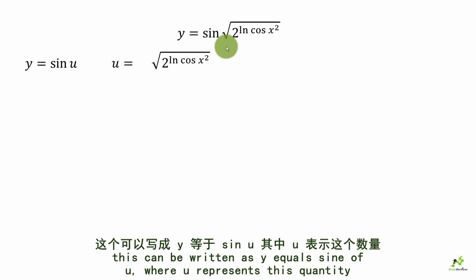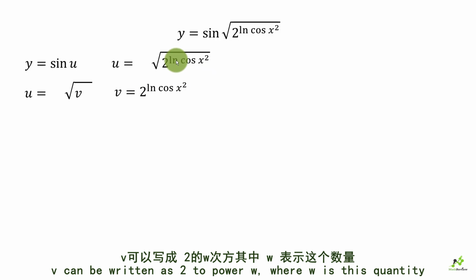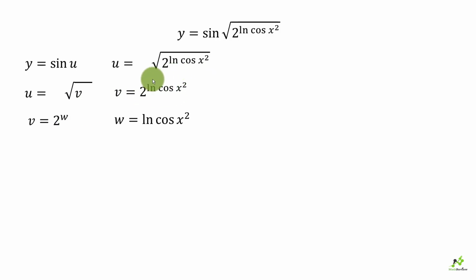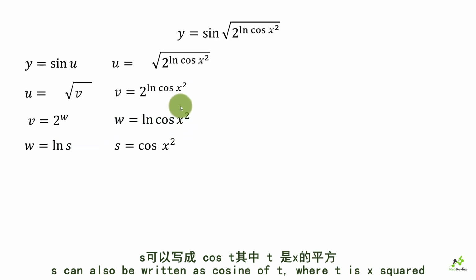This can be written as y equals sine of u, where u represents this quantity. u can also be written as square root of v, where v is this quantity. v can be written as 2 to power w, where w is this quantity. w can also be written as ln of s, where s is this quantity. s can also be written as cosine of t, where t is x squared.